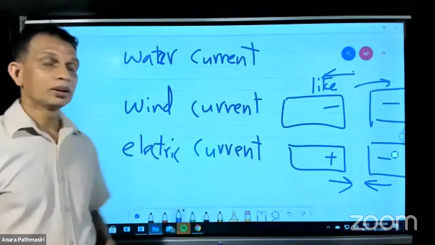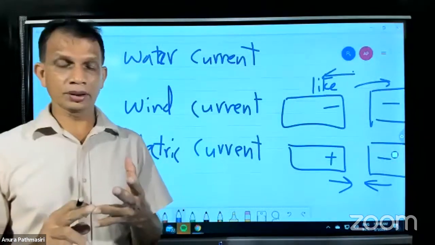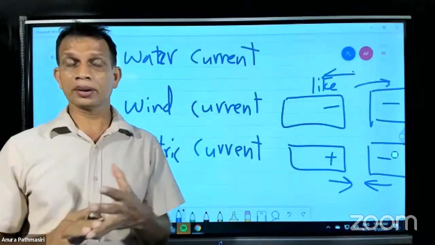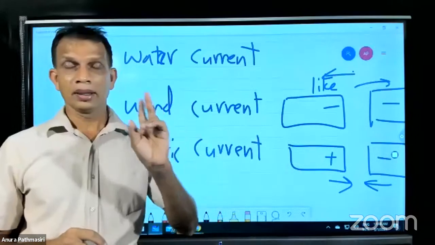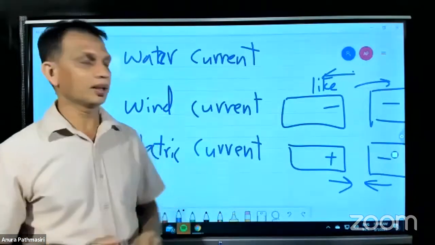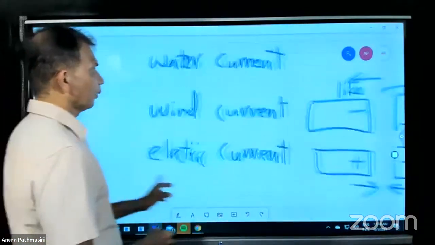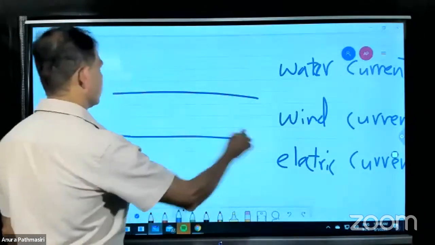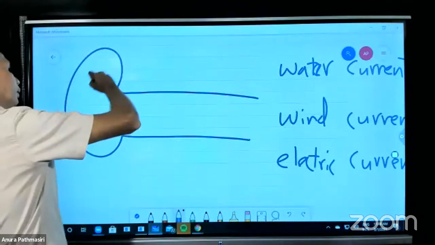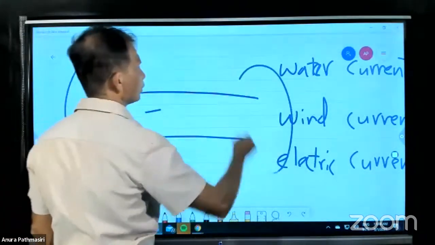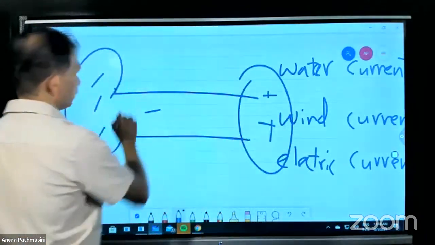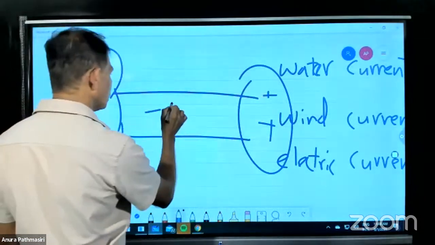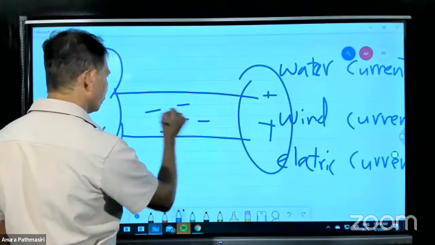In electric current, there are no water particles or air particles to carry things away, but negative charges flow from one end to the other, from the negative to the positive. There should be free electrons for the motion.